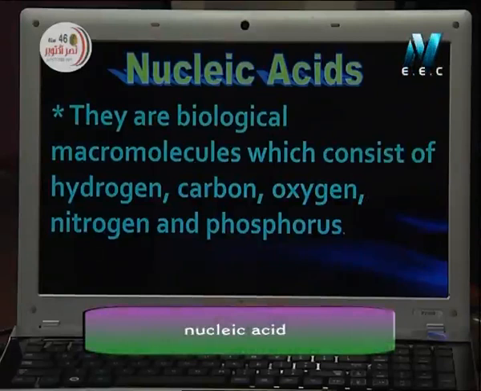احنا اتكلمنا قبل كده على الكربوهيدرات، اتكلمنا على الليبيد، اتكلمنا على البروتين. النهارده ان شاء الله هناخد اخر حاجه عندنا وهي النيوكليك اسيد، biological macromolecules.